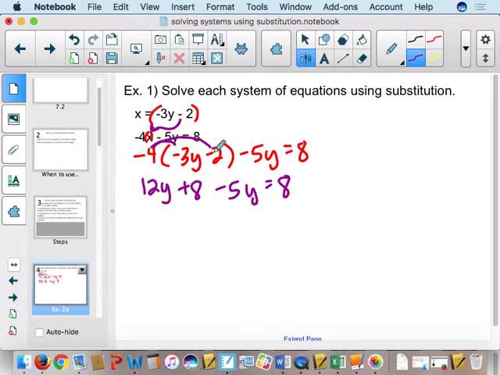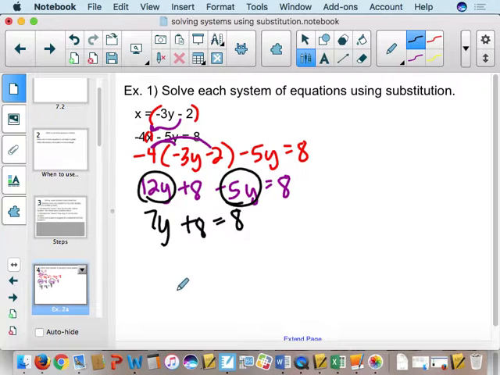So that looks a lot nicer now that we got rid of the parentheses. We're going to go ahead and combine like terms. I'm saying combine like terms because the y's are on the same side of the equal sign. So positive 12 and negative 5 make what? Positive 7y. We still have our positive 8, and it equals 8. And now it's ready to solve.